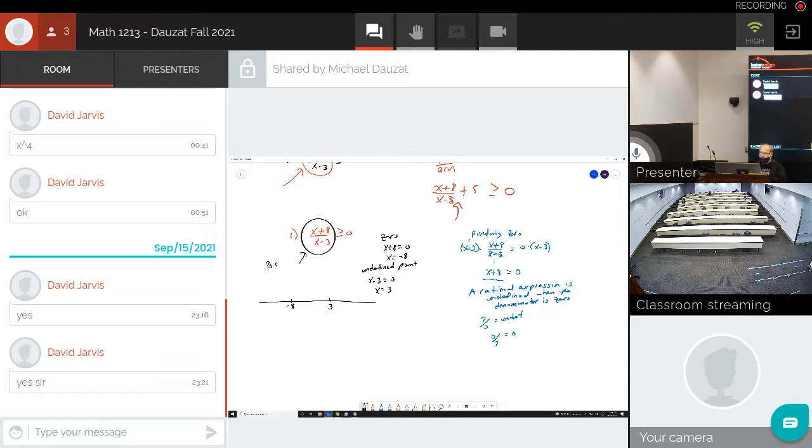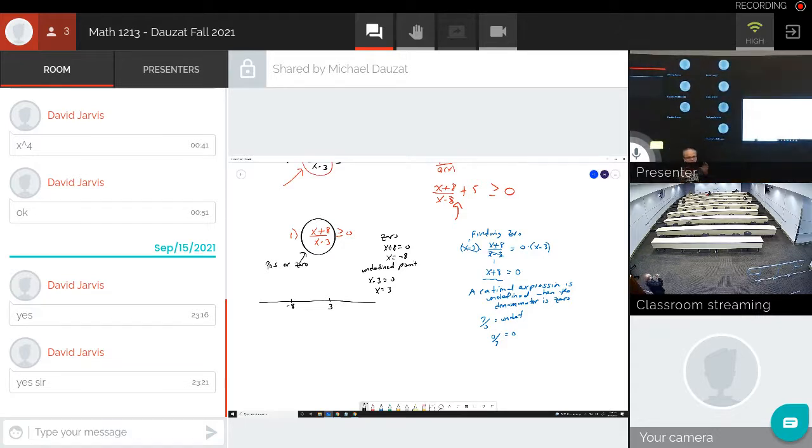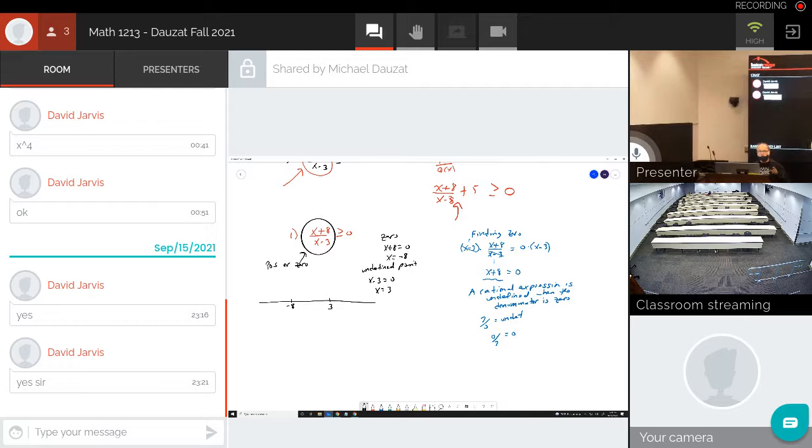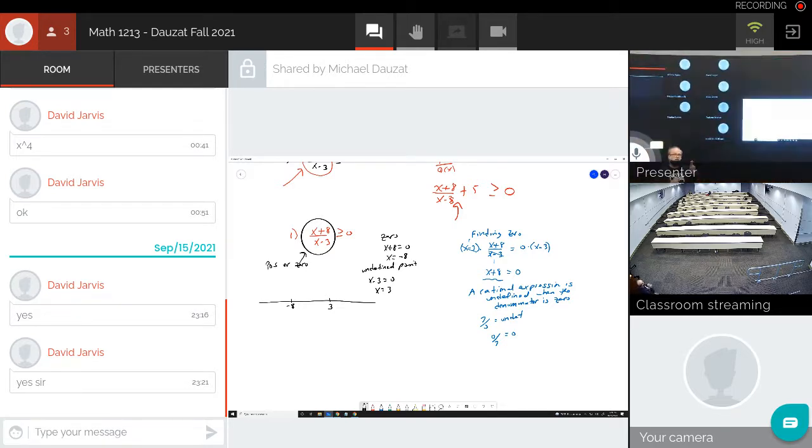So positive or 0 because of the equal sign. Okay? Now before we go and start using test points, here's what I would do next. I would determine those two numbers that we just put in the number line. I would determine which one is not a solution and then which one is a solution if possible.